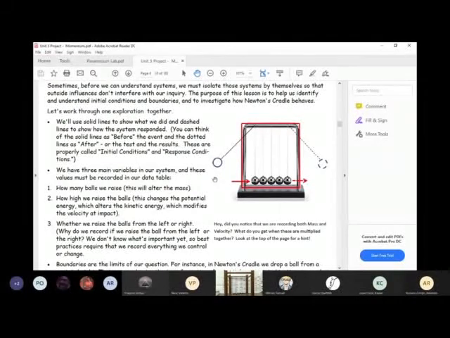We're ignoring all of that. It would be an infinite chain if we kept going. We have to draw a boundary somewhere. So we're going to draw it around the edge of the Newton's cradle and just consider the entry of the ball and the exit of the ball. By counting the number of balls, we'll know the mass, and by measuring how high they go, that's going to give us an estimate of their velocity when they entered or their velocity when they exited.